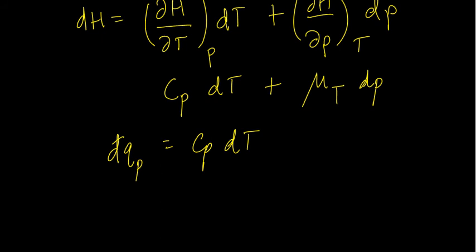So why is the difference? Q is always an inexact differential. We say exact or inexact depending on whether we can integrate it without the knowledge of path or not.